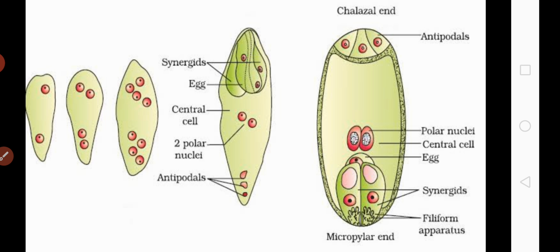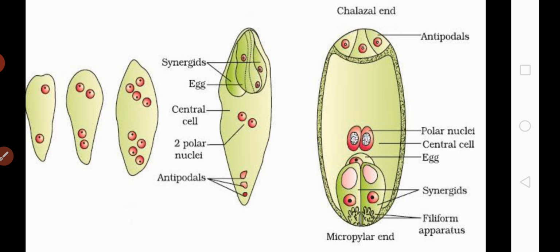Now, the nucleus of the functional megaspore, I mean the nucleus of the female gametophyte, undergoes mitotic division.